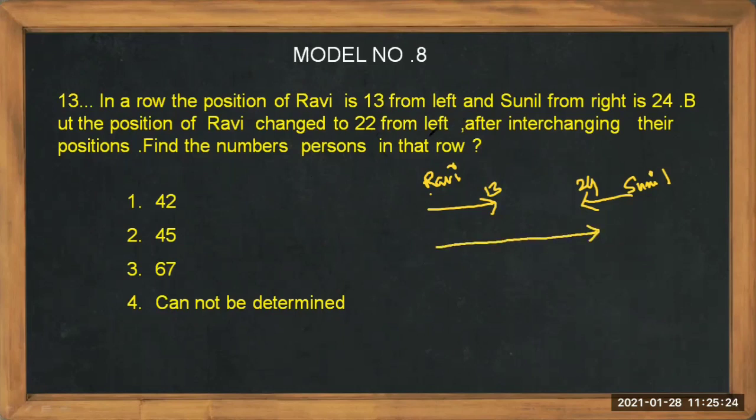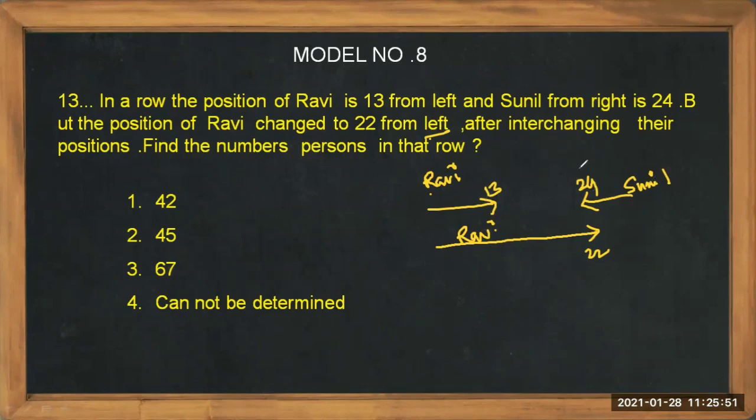Please, your directions are the most important here. From the left, Ravi's position is 22. Find the total number of persons. We know that Ravi's position from the left is 13 first, and Sunil's position from the right is 24.